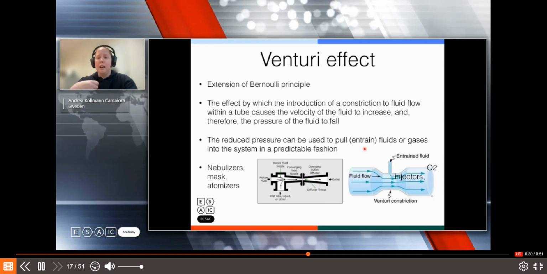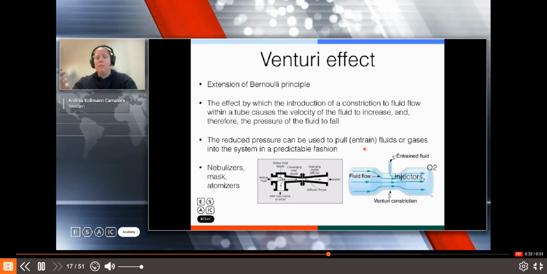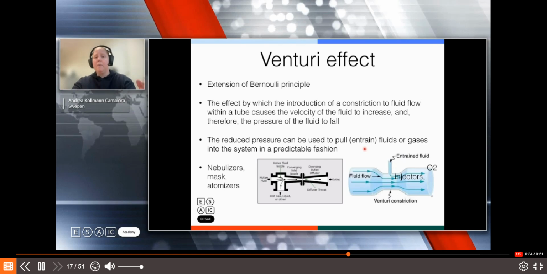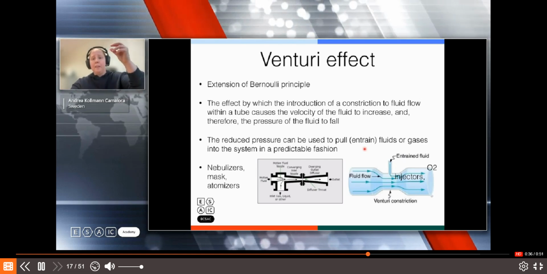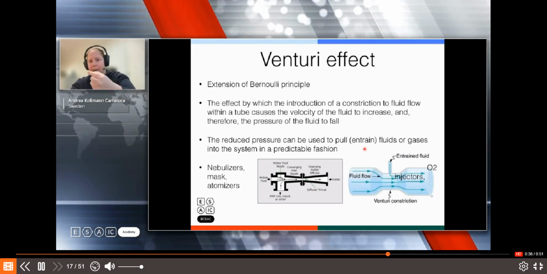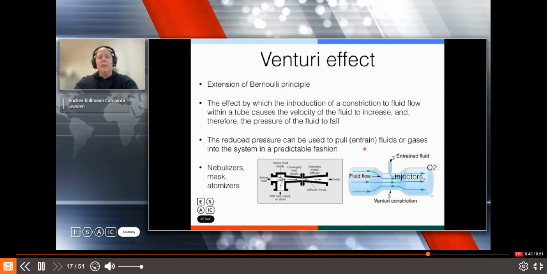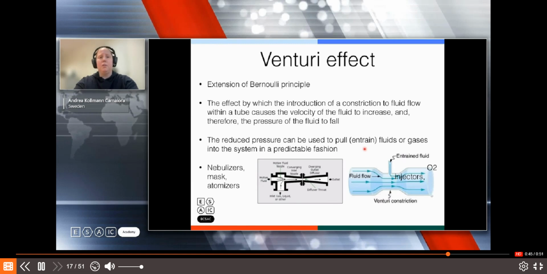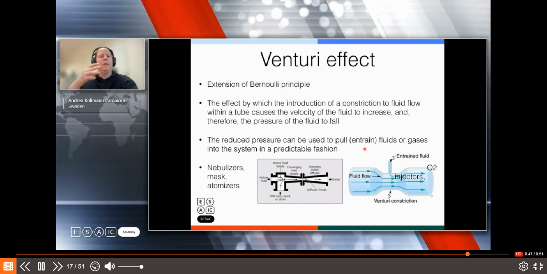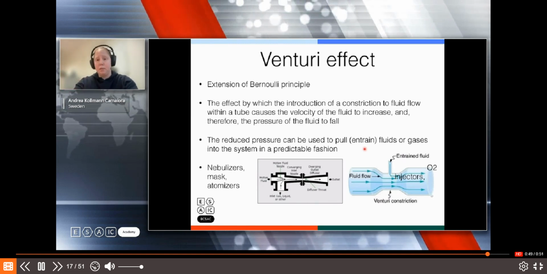This is exactly how nebulizers and atomizers work. You create a constriction, then the pressure drops and you can entrain things into the system. So in the exam, atomizers use the Venturi effect or the Bernoulli principle to work.